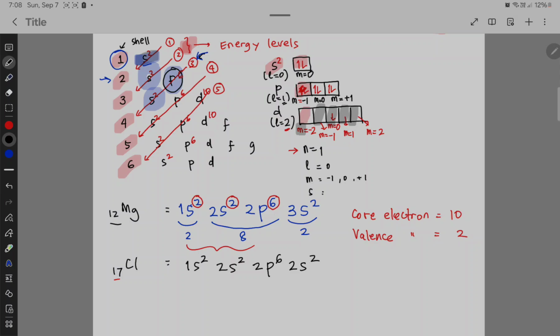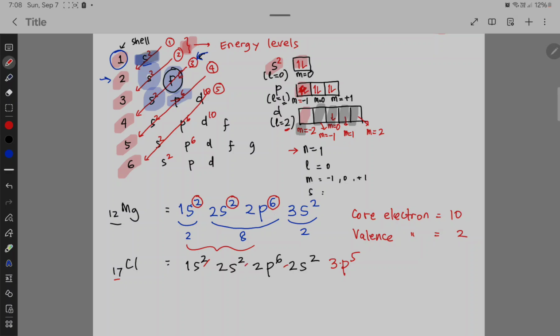There are still 5 electrons left, so we move to the third subshell 3p. Yeah, this is 17.